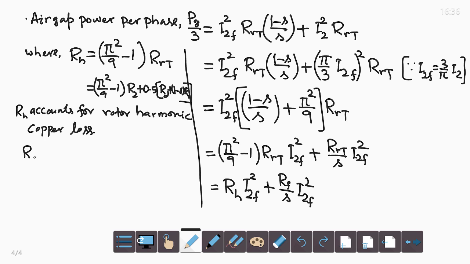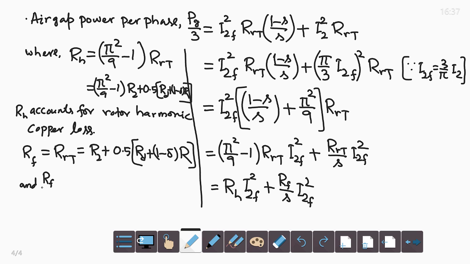And R F equals R R T, that is R 2 plus 0.5 R d plus 1 minus delta into R, and R f by S represents mechanical load and fundamental rotor copper loss.